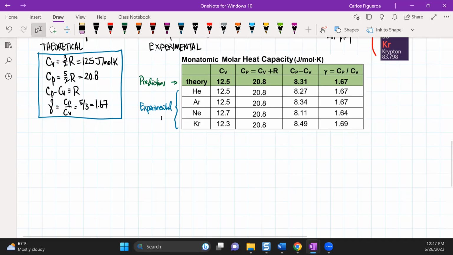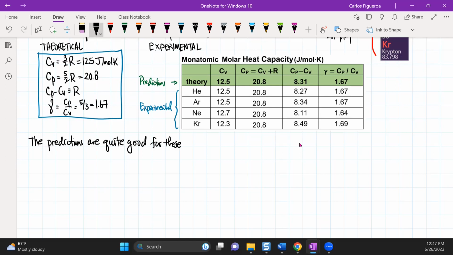So you can see here really clearly that the predictions are quite good for these hand-picked elements.